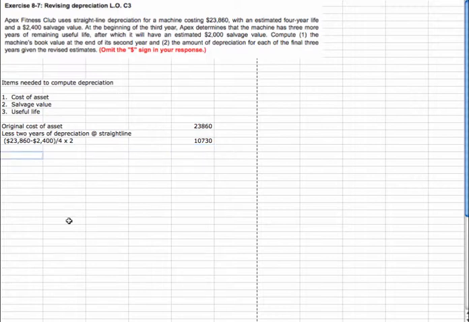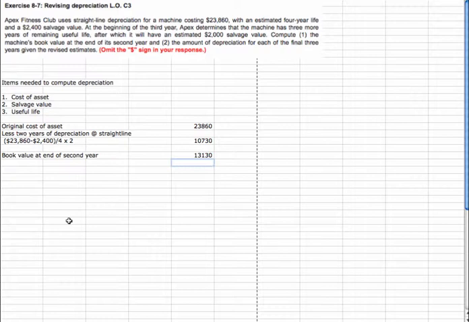So that gives us the book value at the end of the second year. What we want to do is take our purchase price minus our accumulated depreciation to give us a book value of $13,130.